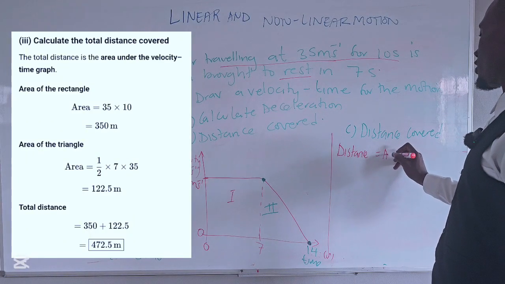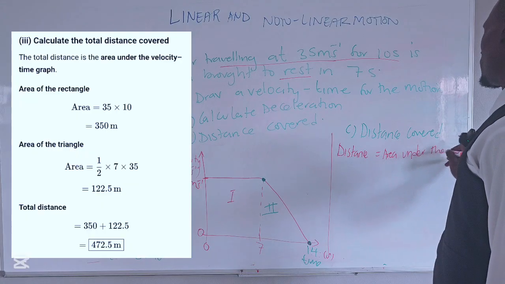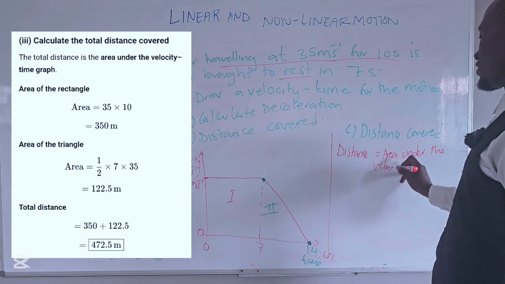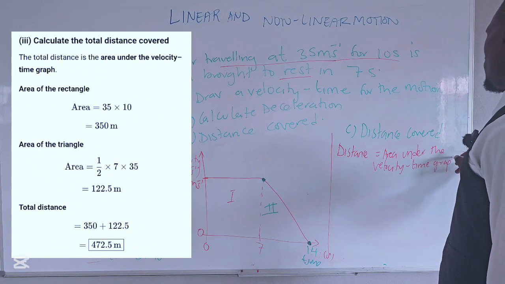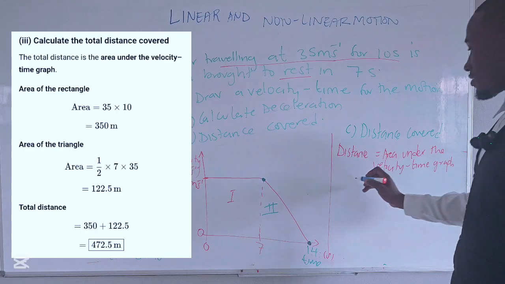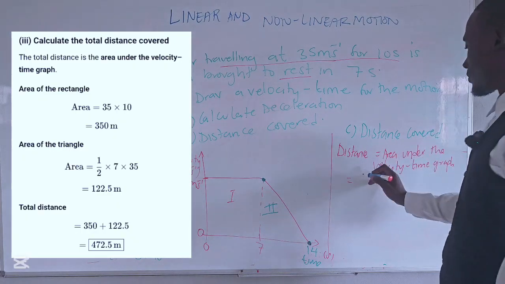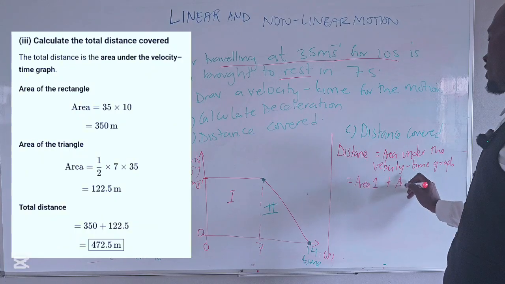Distance is equal to the area under the graph. Which kind of a graph? It is a velocity time graph. So this is the same as area of part 1 plus area of part 2.